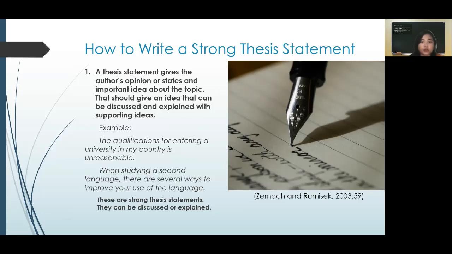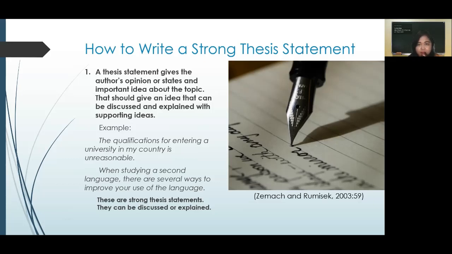The author or the writer has the phrase "several ways," which can be explained in the body of the essay with the supporting ideas. You can talk about the first way, the second way, the third way, like that. So these two examples are strong thesis statements because they can be discussed and explained.